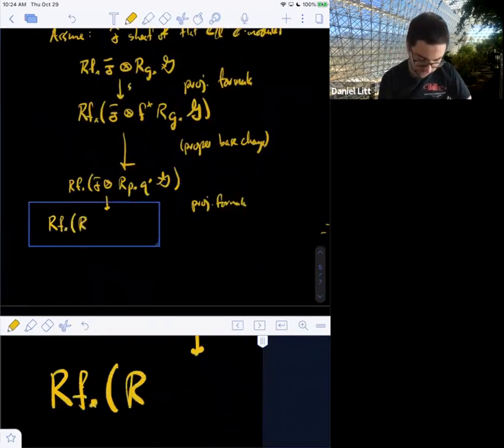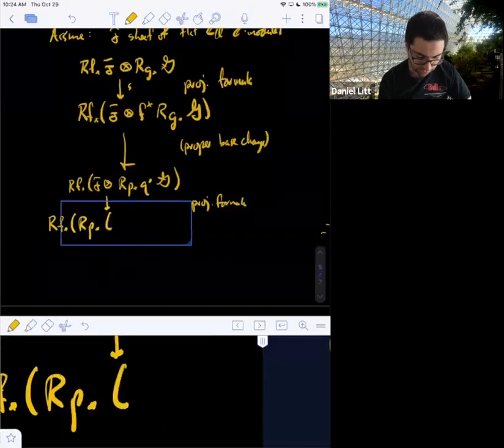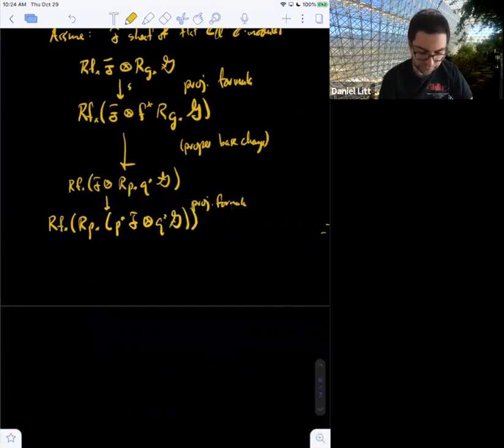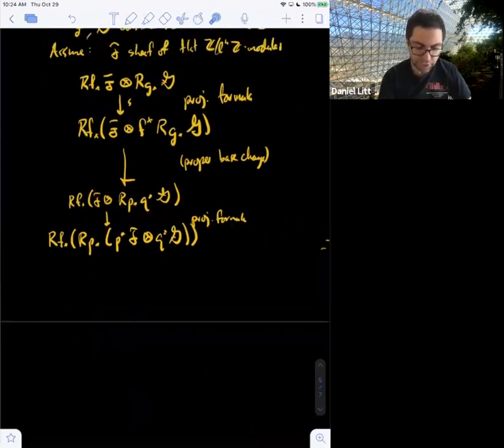We get our P lower star of the box tensor product of F box G. Let me actually write it out, of P upper star F tensored with Q upper star G. So all I did is rewrite this inner term using the projection formula. Okay, and now we're done.